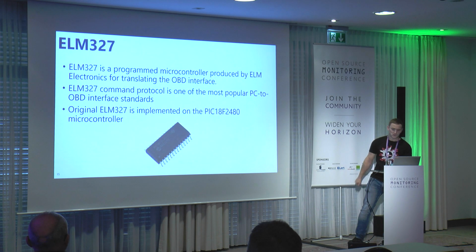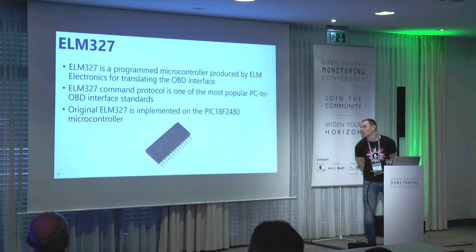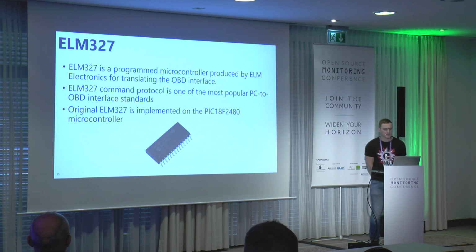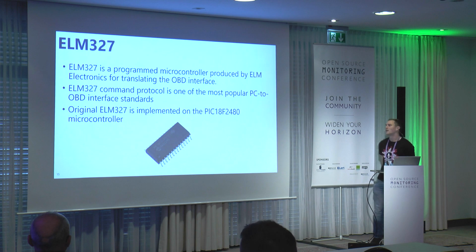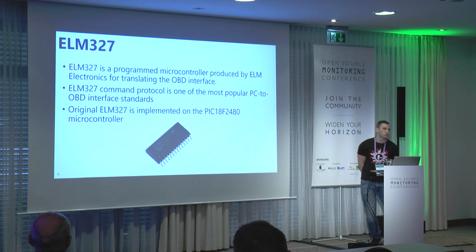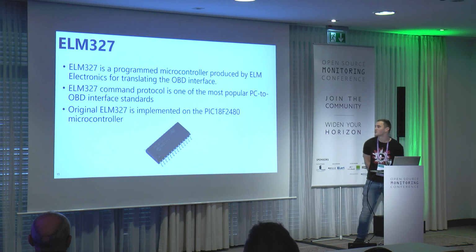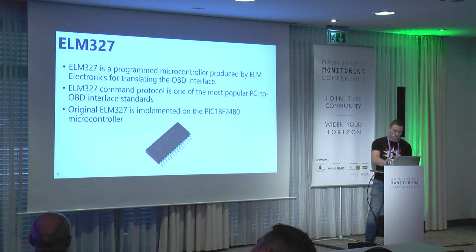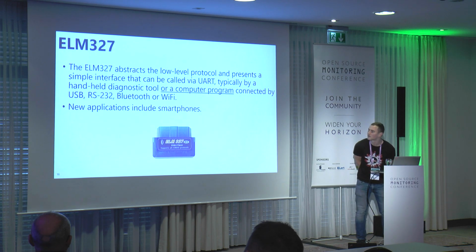And the solution for that is ELM327, which is a known thing. It's nothing new. You don't need to create something on your own. Basically, it serves as a gateway between the ECU, the OBD2 interface, and our computer protocol, something that we can understand and use in our programs, as an example.